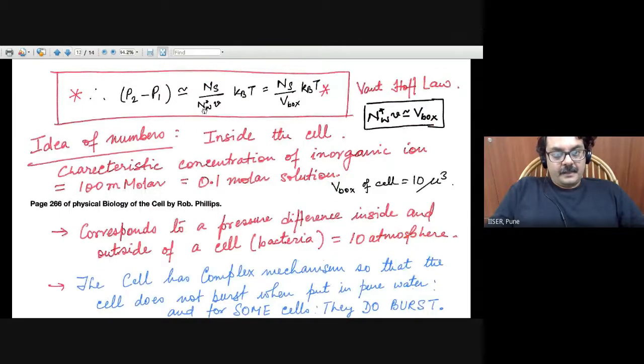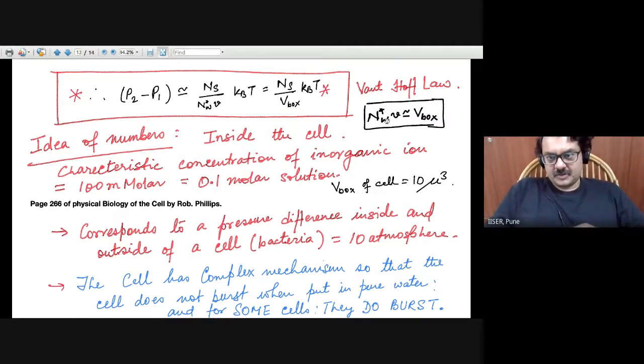Now this quantity N star V is basically, since you're considering a dilute solution, the volume of a box. And then P2 minus P1 is the concentration of solute particles into kBT. As you increase kBT, this pressure increases. It's an entropic effect, right?